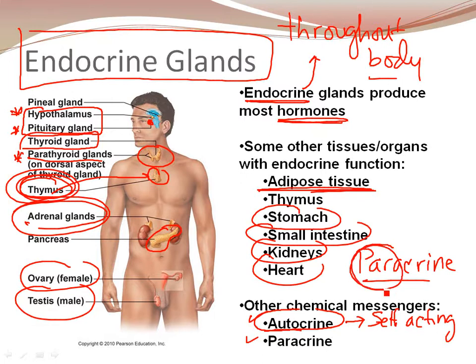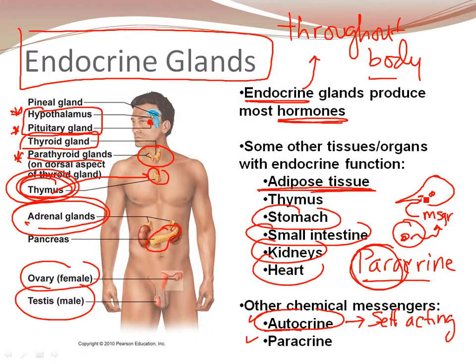Paracrine messengers, let's say you got a cell here, and you got a cell here in some tissue. If this cell secretes some sort of a messenger chemical, which is bringing a message over here to this cell, it's a cell that's close by. It's a local cell nearby to the one that secreted that chemical messenger. That's an example of a paracrine chemical messenger. Paracrine messengers act on nearby cells.